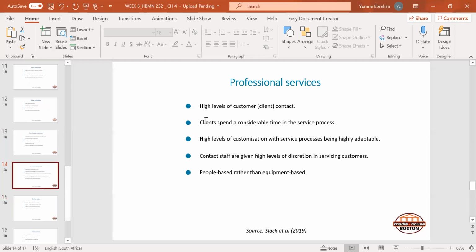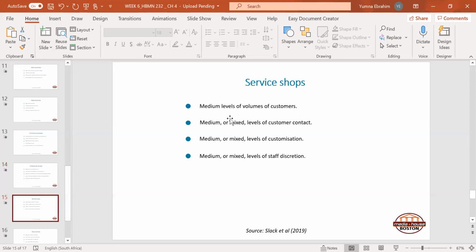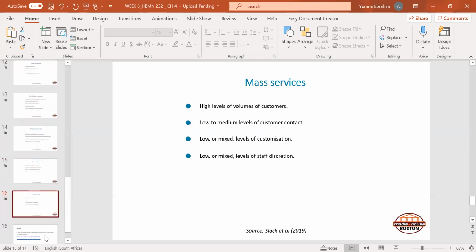So professional service is something like a lawyer, with a very high level of customer contact. A client spends a considerable amount of time telling you their problem, and it's people-based rather than, for example, the continuous process where there's lots of machinery. A service shop has medium and mixed levels of customer contact. I want you to think of an example of a service shop, and we'll discuss that in the Zoom session.